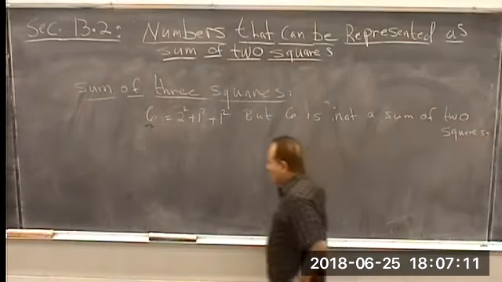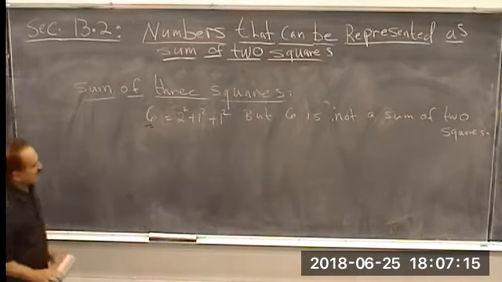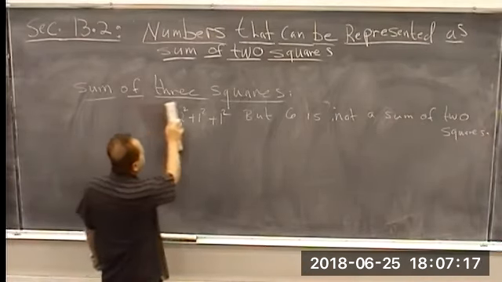All right. Then the question is, which numbers can be represented as a sum of 3 squares?